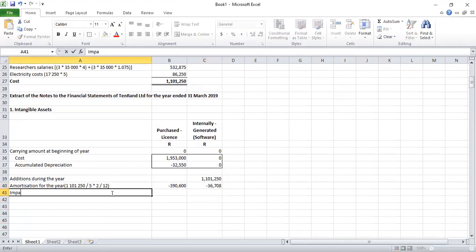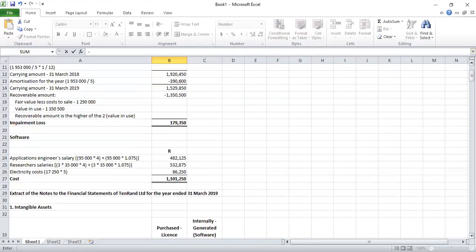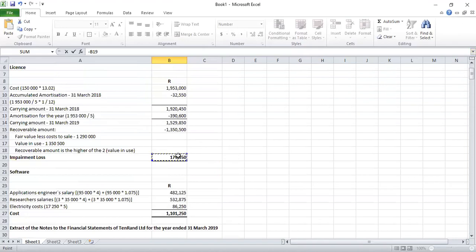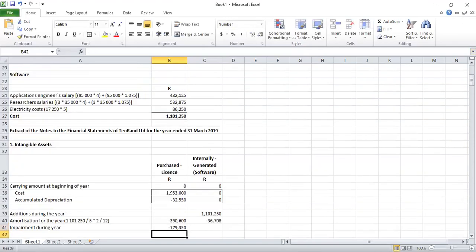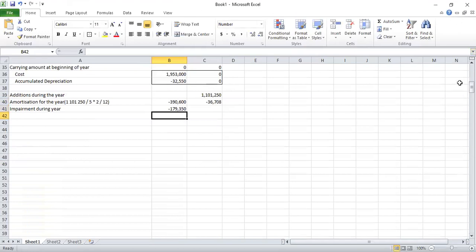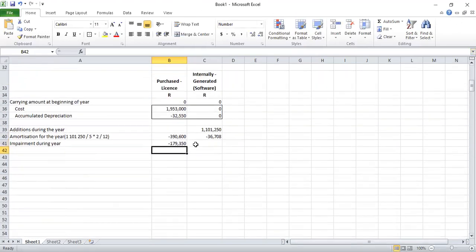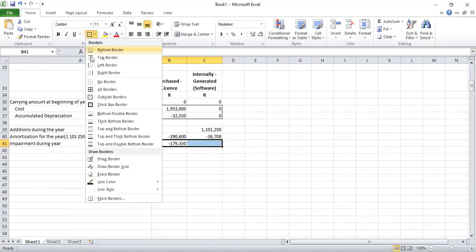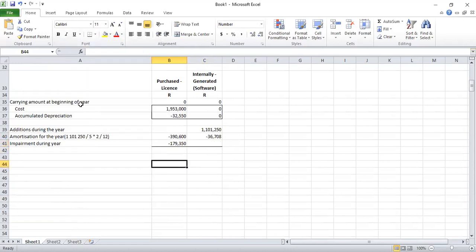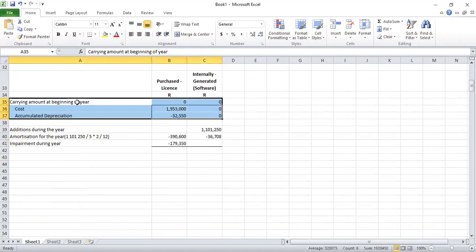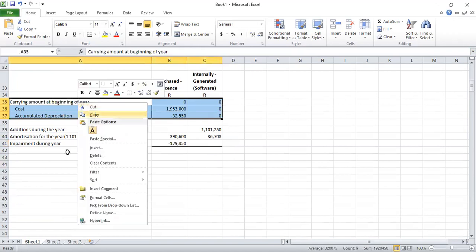Then we have impairment during the year. Let's remember that our license was impaired. Then we get our carrying amount at the end of the year.